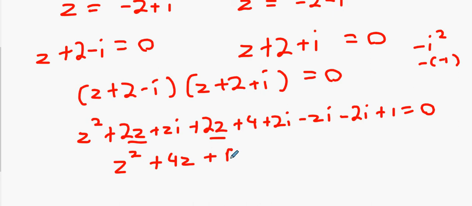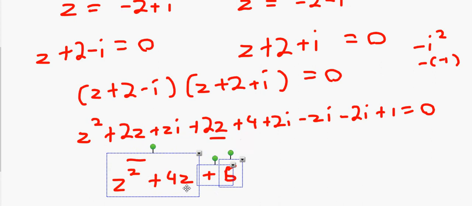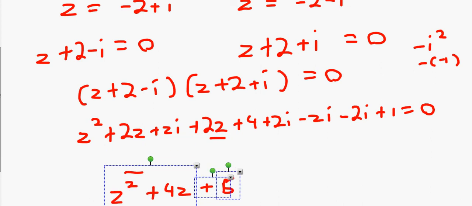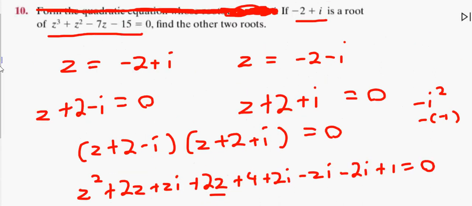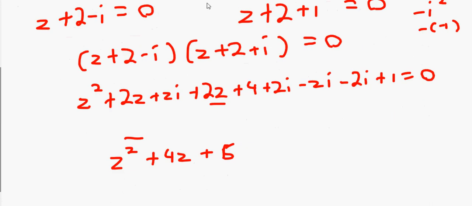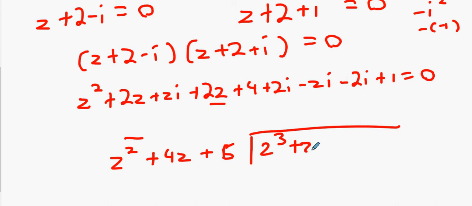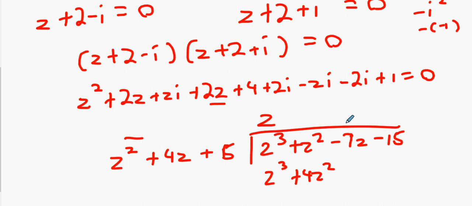And then this time I'll long divide it in. And what am I long dividing that into, Oscar? Oh, you're doing question 11 once you're done. Into z cubed plus z squared minus 7z minus 15. Plus 7z or minus 7z? Minus 15, thanks. Z cubed plus 4z squared plus 5z.